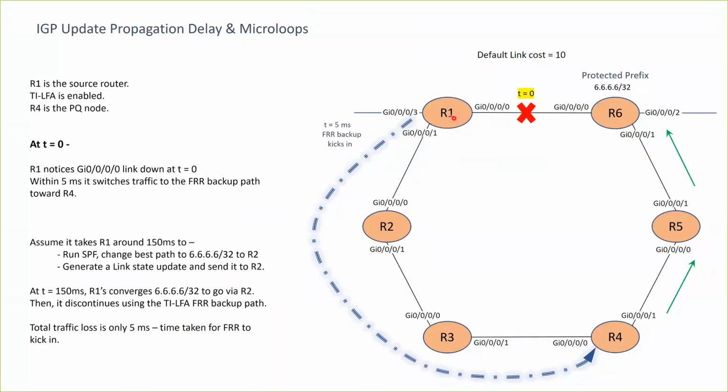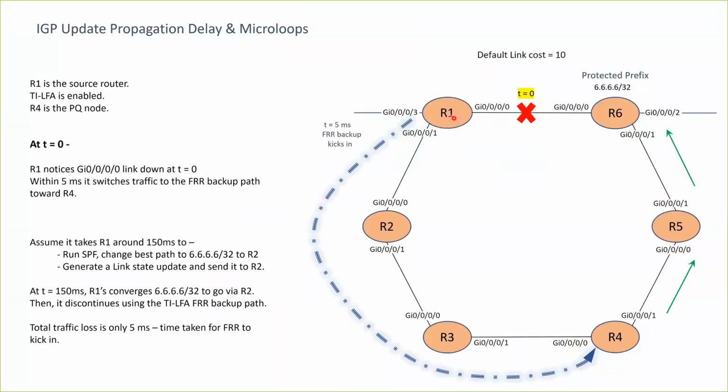So see, if R1 recalculates SPF, R2 will be its new best path, right? Or its only path now, but R2 will be its new best path after converging. So forget that you had LFA at all. In the normal case, when the link goes down, R1 has to rerun SPF to figure out a new path. Because you have FRR doesn't mean R1 will stop running SPF again to figure out a new best path.